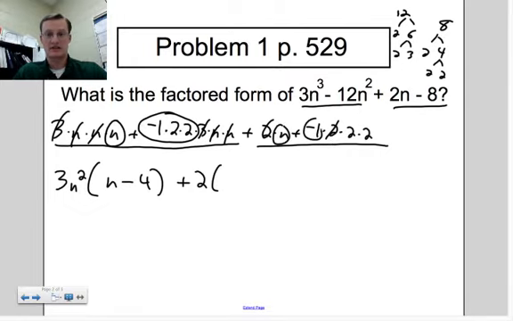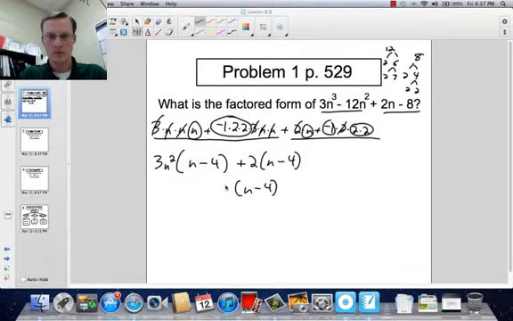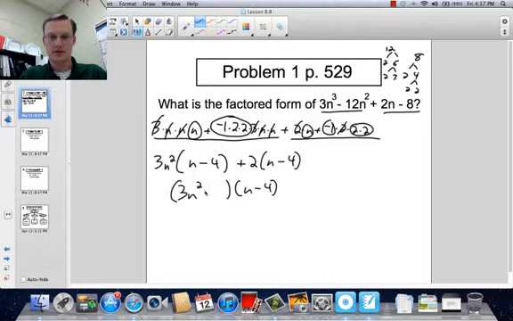I have this that's left over, so I have n plus a negative 4, or I could just say minus 4. So we pull these out, and then we put the leftovers, 3n squared plus 2, in another binomial. And that's my answer.